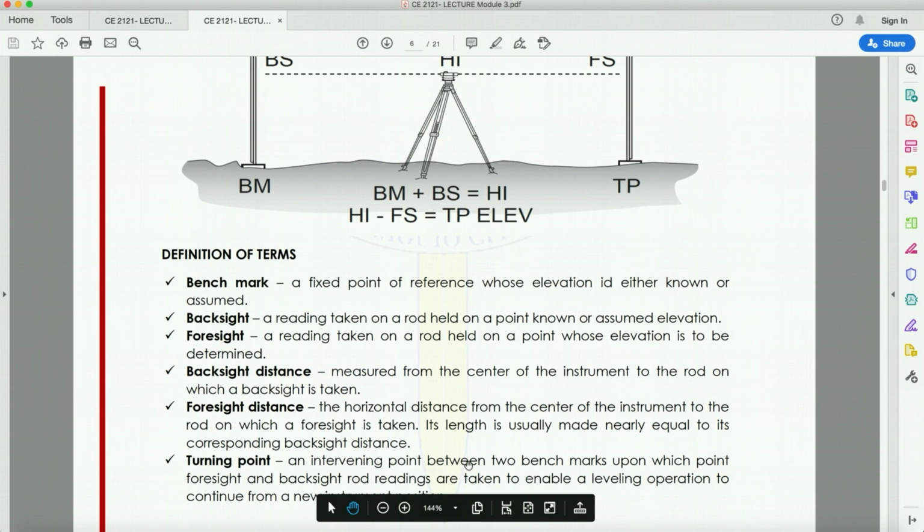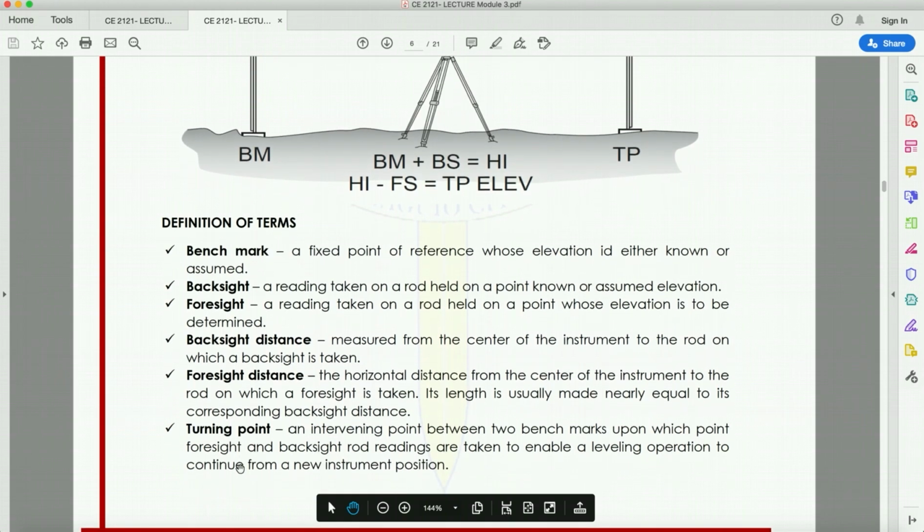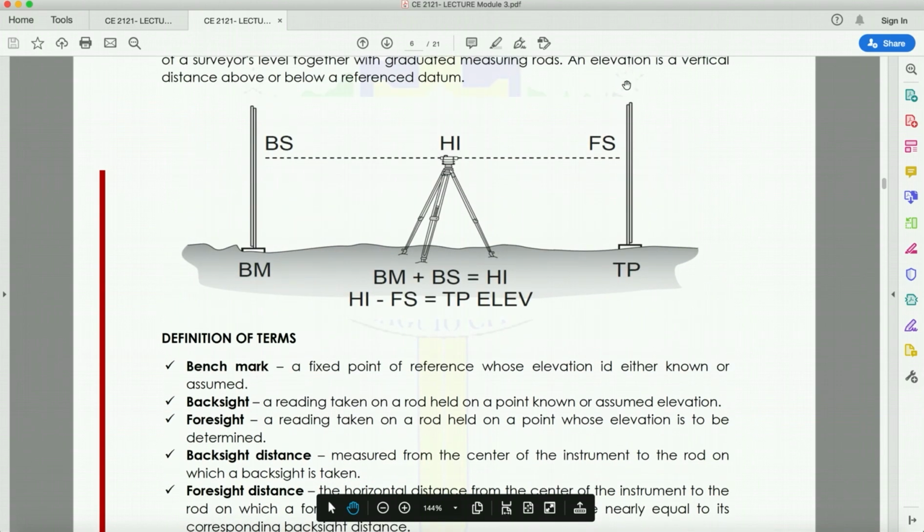An intervening point between two benchmarks upon which foresight and backsight rod readings are taken to enable a leveling operation to continue from a new instrument position. So this is a TP because it has a foresight, and if I am to transfer my instrument to another position, it will also have a backsight. Okay?